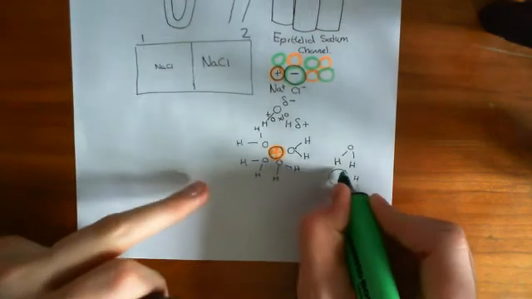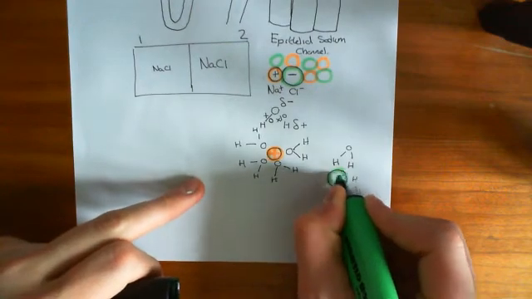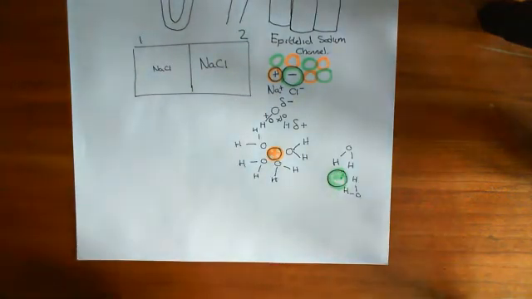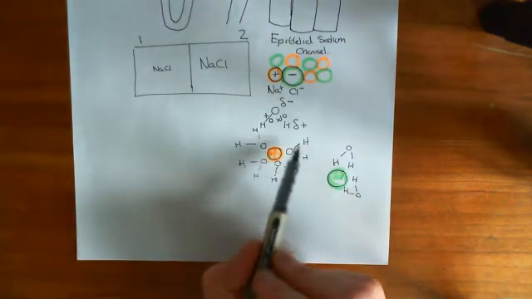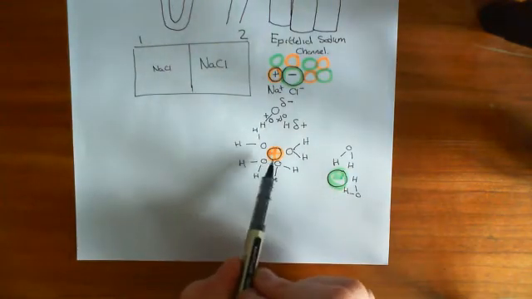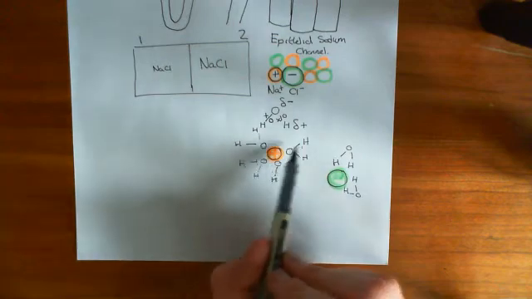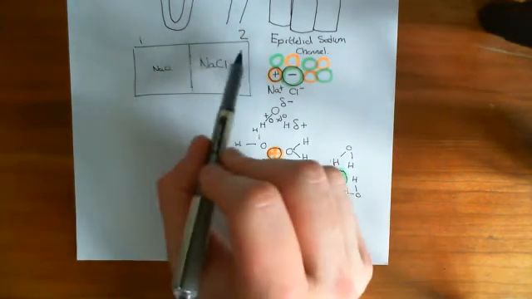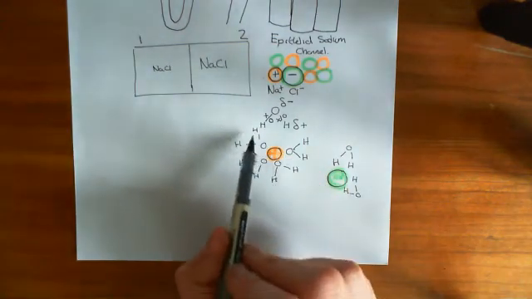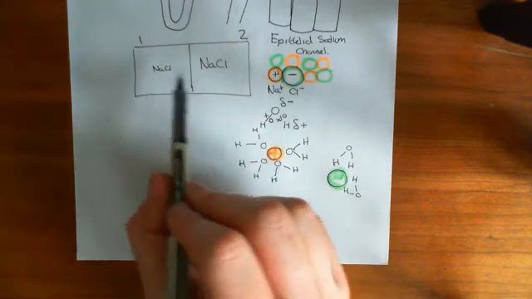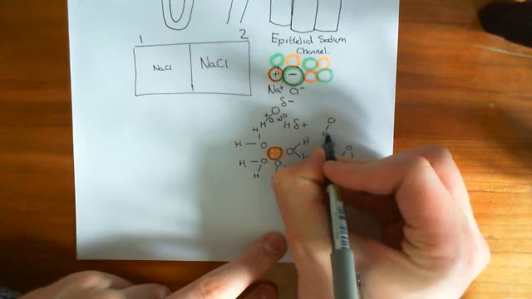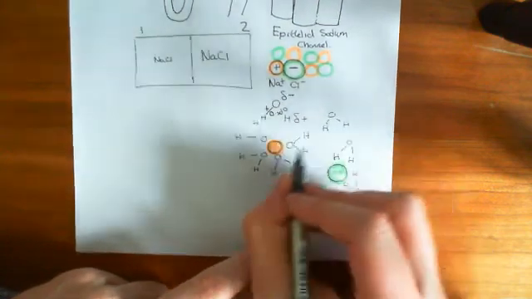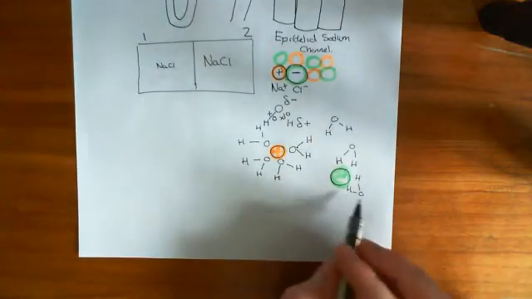What this overall means is that on this side, where you have a very high concentration of sodium chloride, more of the water molecules are going to be bound to these ions in this way. So you're going to have huge complexes of ions surrounded by water molecules, and fewer water molecules that are actually free and on their own, because most of the water molecules are going to be bound with these ions in this way.